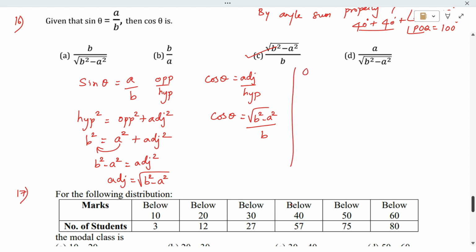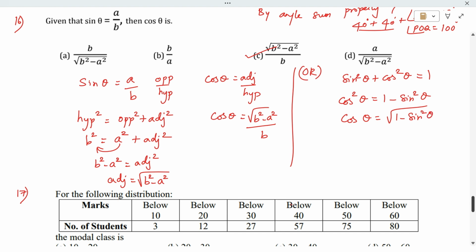There is another way of finding it using identity. I know sine square theta plus cos square theta is equal to 1. Okay, I need to find cos theta. So bring sine square theta to the other side. So cos square theta is equal to 1 minus sine square theta. And if I want to take the square to the other side, it becomes square root. Square root of 1 minus sine square theta.